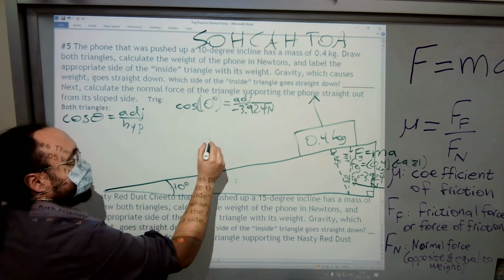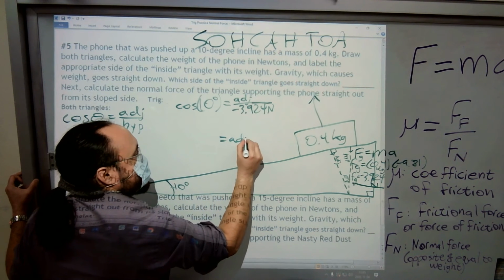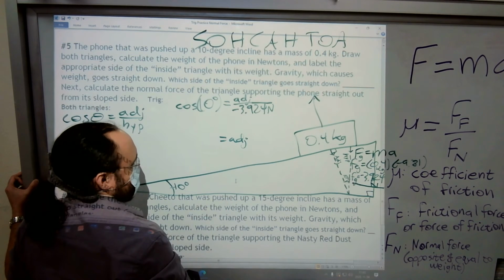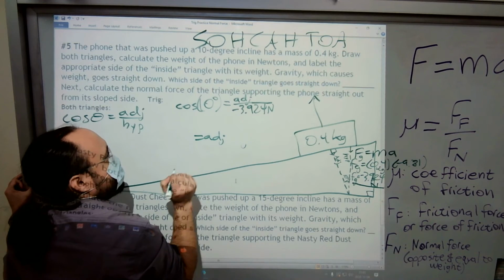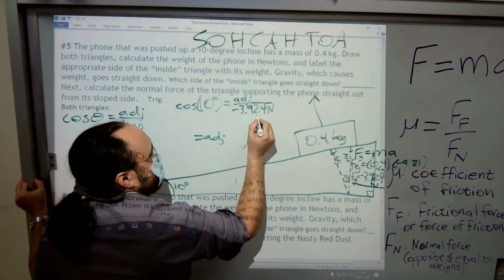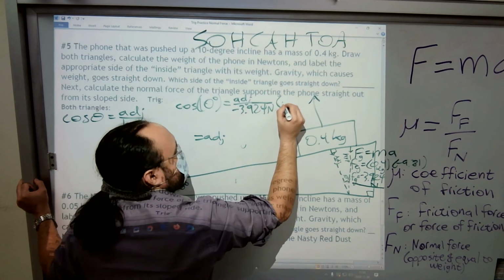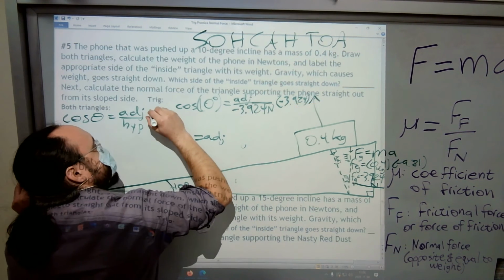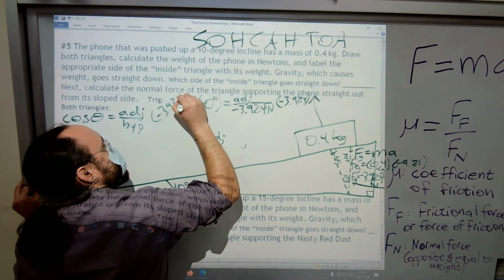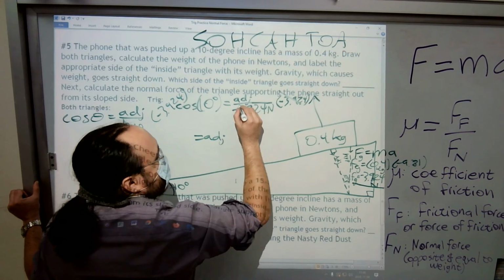I wanted to say equals adjacent, and it says adjacent divided by 3.9, so I'll do the opposite to make it cancel and multiply by 3.9. So there's one on top, one on bottom. They cancel.